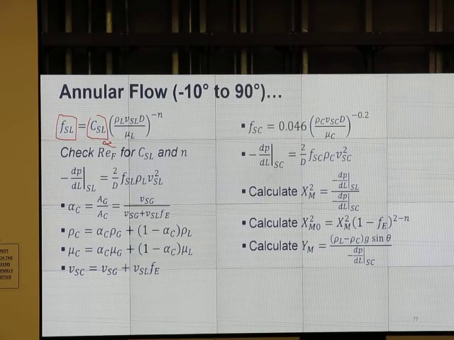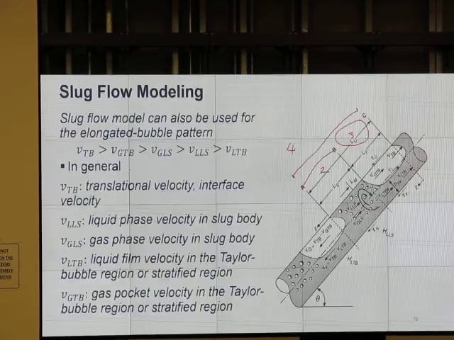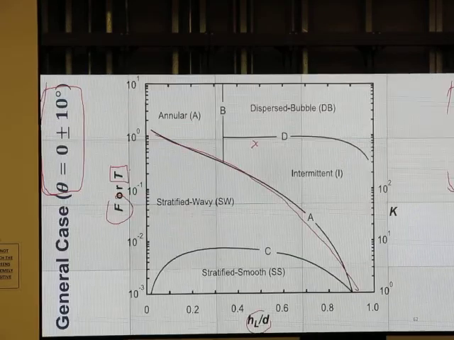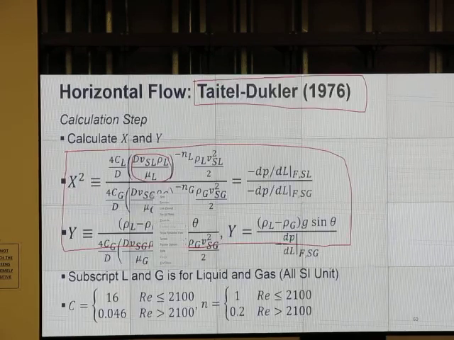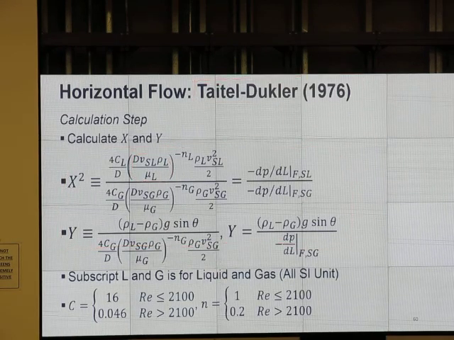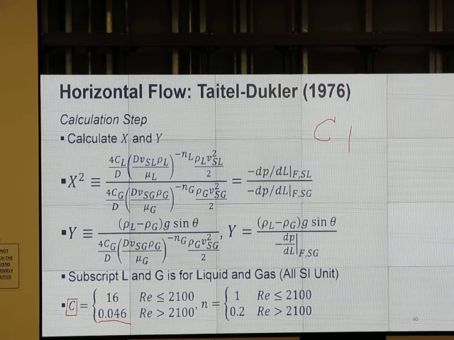It is the same. It is the Blasius type equation. If you look at the Blasius type equation, everything is here. Constant equal to 0.046 if it is turbulent flow. So finding the friction factor is constant multiplied by Reynolds number, and this Reynolds number is to the power of minus n.